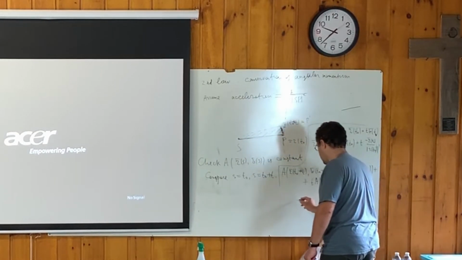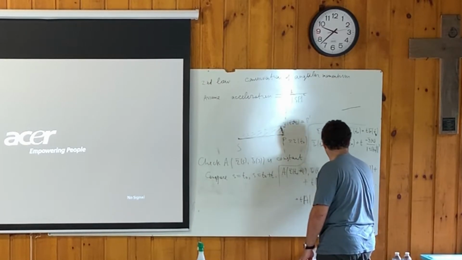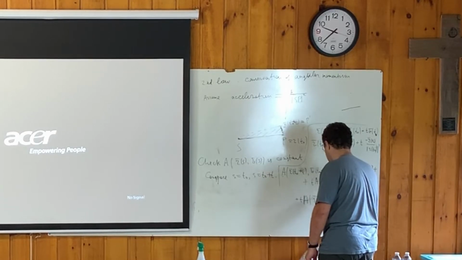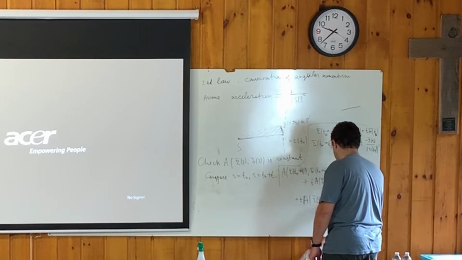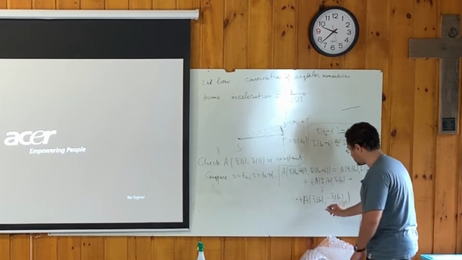And then we'll get another term, which will again be of the same nature. So it will be again t times A of R of t0 and then minus R of t0. Okay, there will be some factors, but this is not important for now. Again, they're collinear, and so this is again 0.